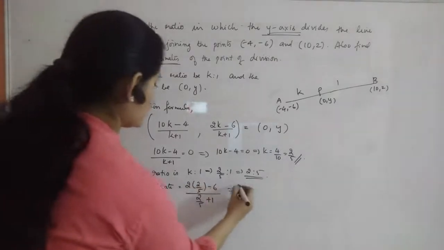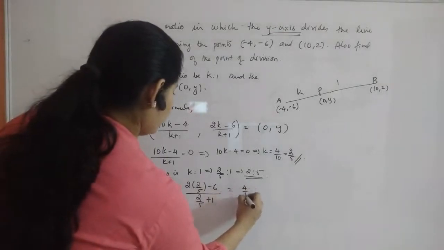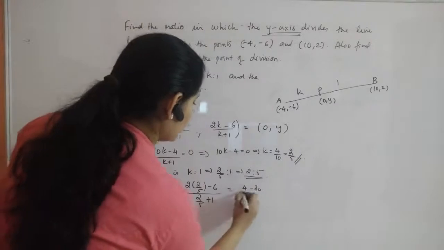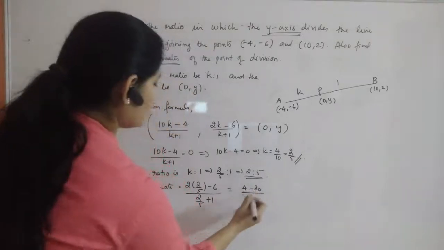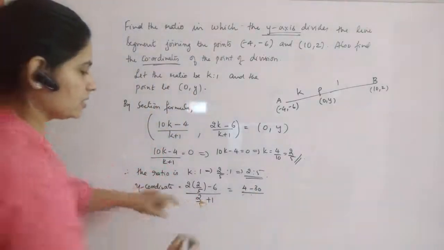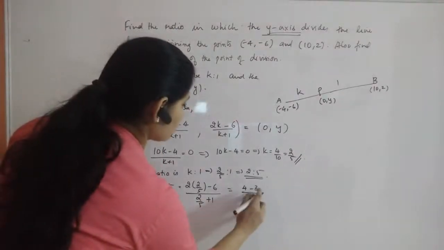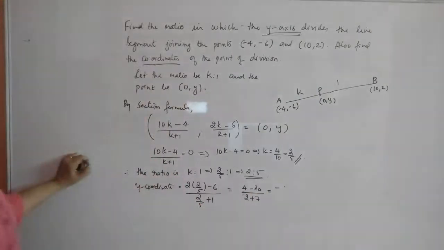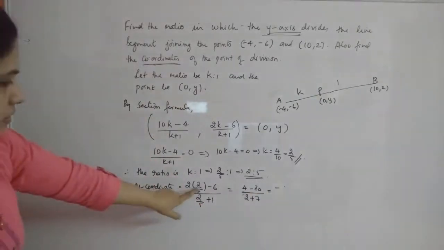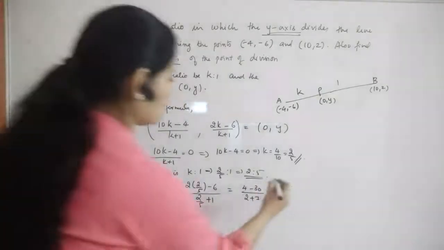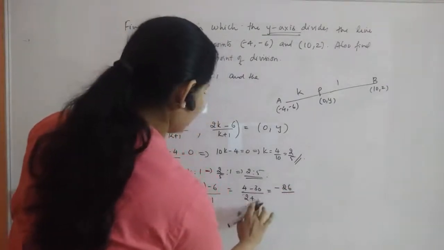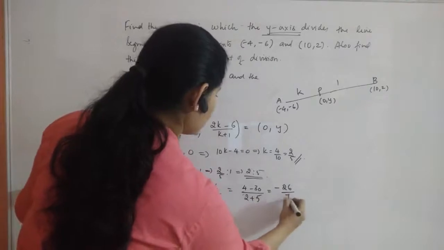So here you are getting minus 6, which gives minus 30 divided by 5, that will be cancelled after taking the LCM. So here you will get 2 plus 5 in the denominator, so this is minus 26 by, sorry, here you have 5, right? 7.